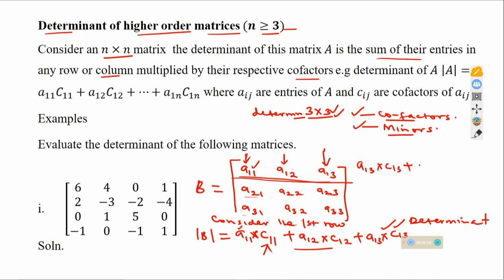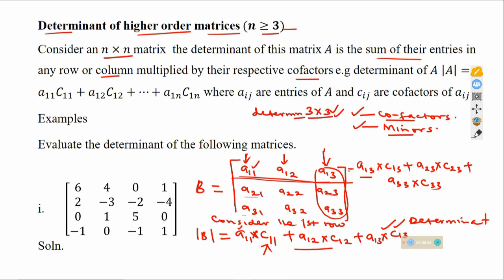Then add there a23, multiplied by the corresponding cofactor C23. Then add there a33 multiplied by C33. So you have chosen this column. Get the sum, but as you get the sum, multiply each of the entries with the corresponding cofactors.